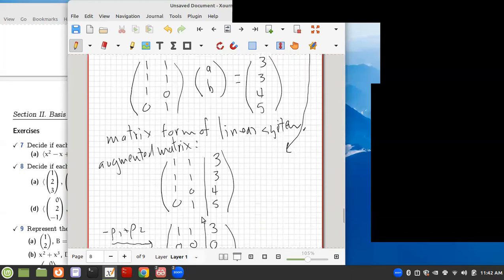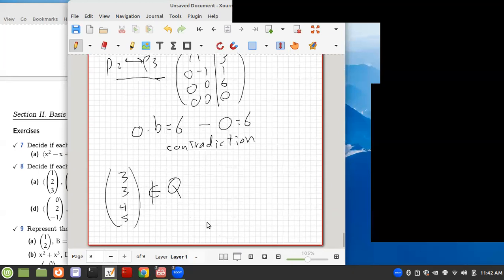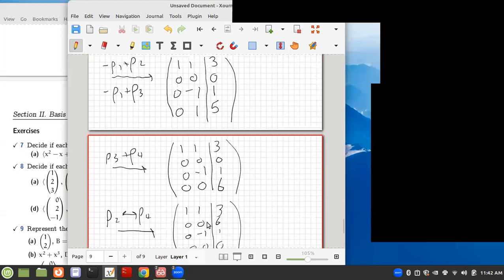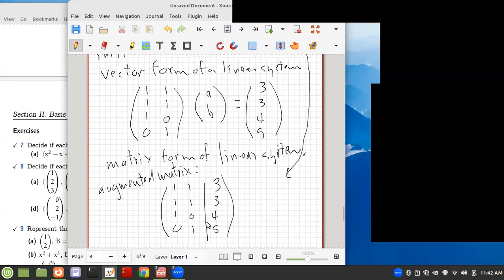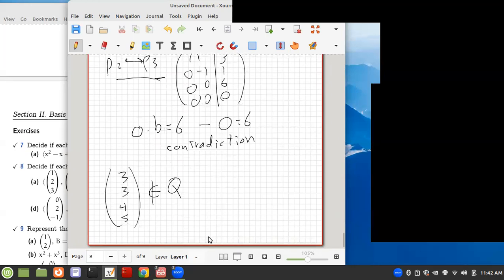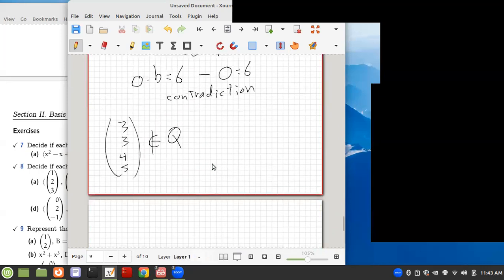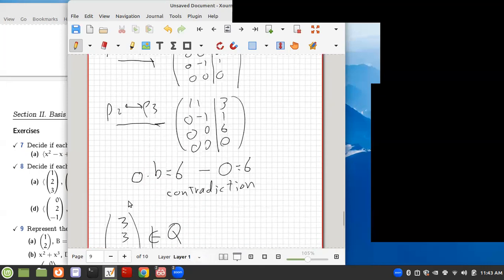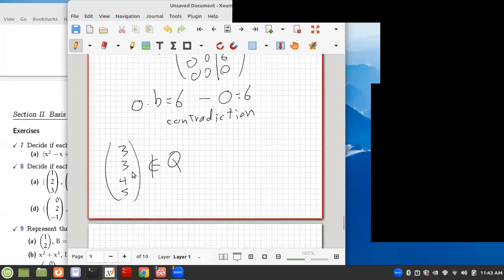It's just not a member of Q. We could find other vectors, probably 3, 3, 4, 4 would be okay.